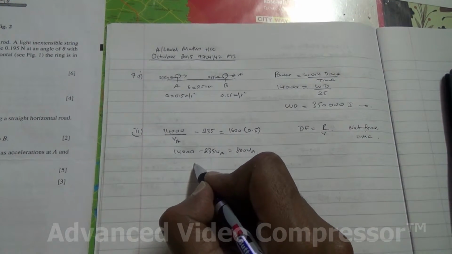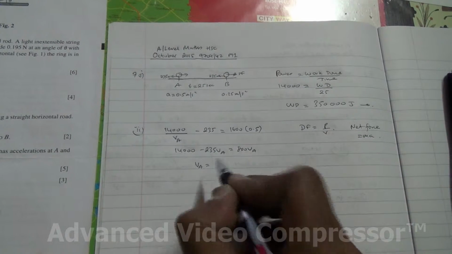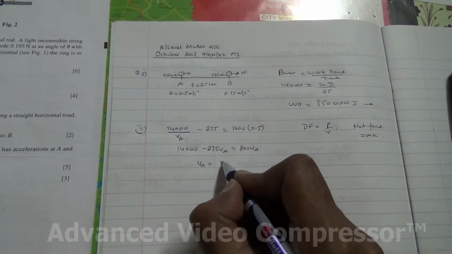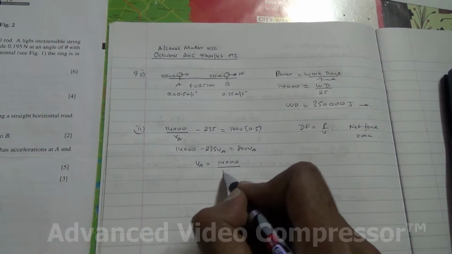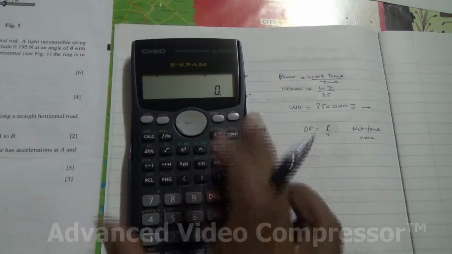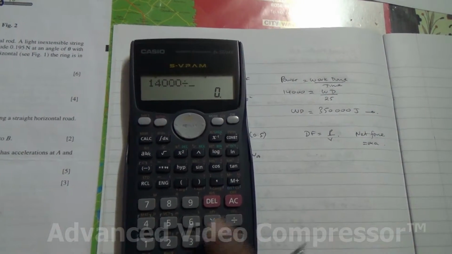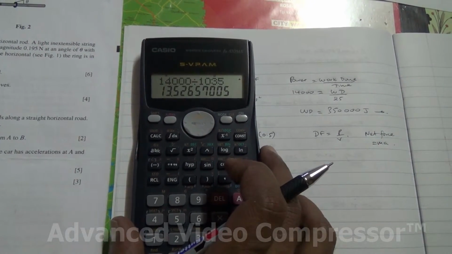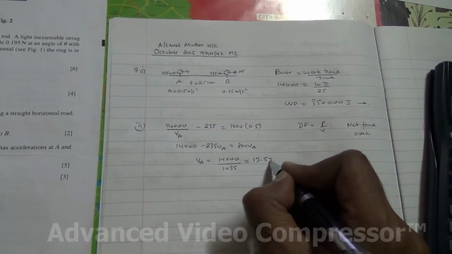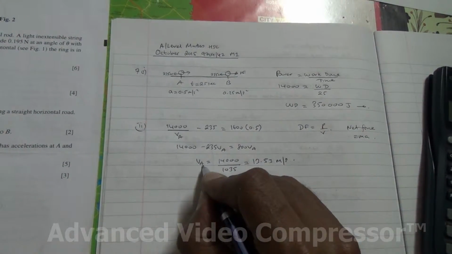If you work this out in a calculator, VA is equal to 14,000 divided by 800 plus 235, which is 1035. You're going to get 13.5265, so 13.53 meters per second at A.